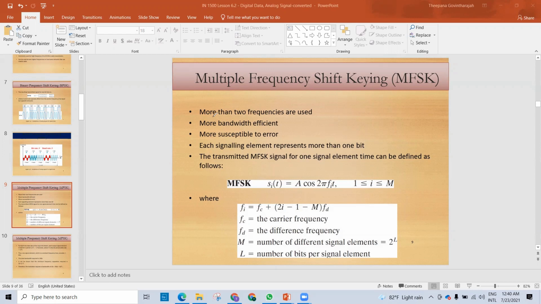Because normally digital data is zeros and ones, so only 2 frequencies are enough to represent zeros and ones. So if we are using more than 2 frequencies, for one kind of frequency, we are able to represent more than 1 bit. So when representing one signal element by using more than 1 bit, then it will be bandwidth efficient.